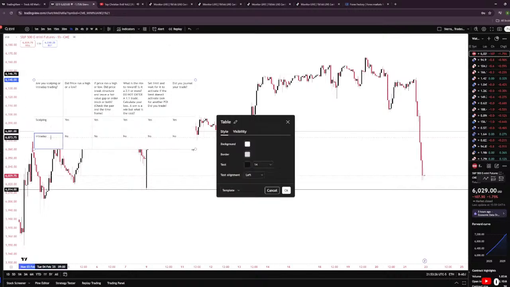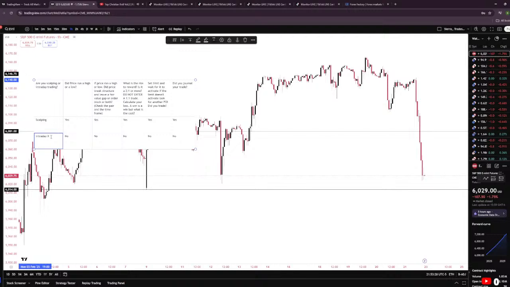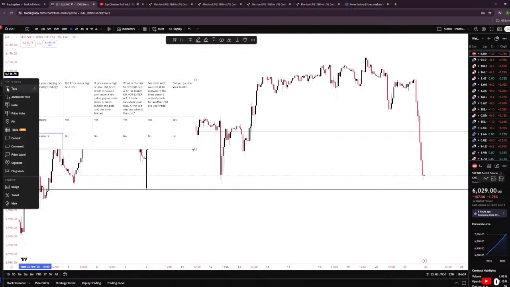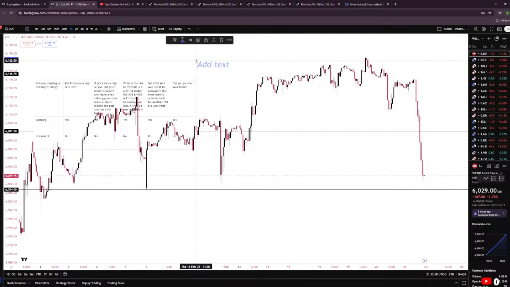So I'm going to go here and put an X here. And then I'm going to notate that on my chart for my notes. I should be putting the date on here too.